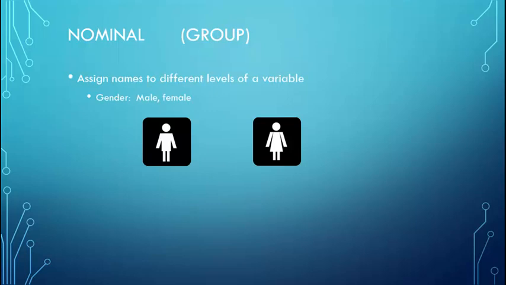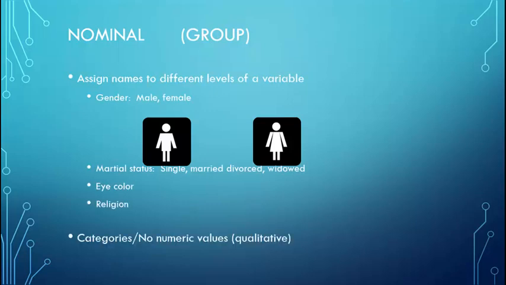Going through this quickly, nominal or group variables, as I said, is when people are assigned to different levels of a variable: male, female, marital status, single, married, divorced, widowed, eye color, religion. When people are assigned to some kind of category, that would be a nominal or grouping variable.